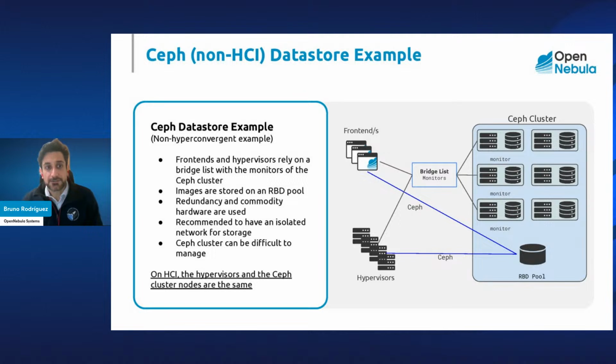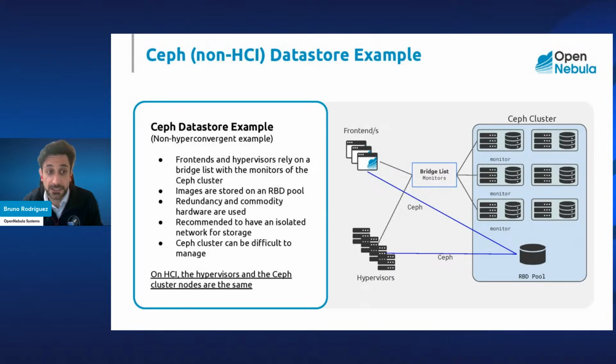And finally, Ceph. With Ceph, we are using RBD behind Ceph. In this picture, we are not having a hyperconverged example.